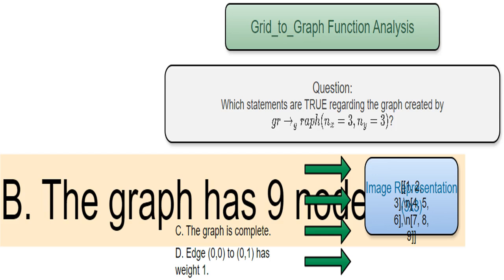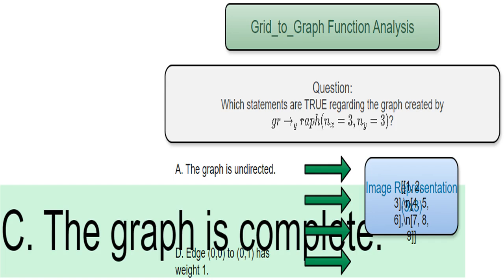This statement proposes that every node is connected to every other node. This is false, because grid_to_graph only connects each node to its immediate horizontal and vertical neighbors, not all nodes. This statement specifies the weight of an edge between 2 adjacent nodes. Given the default behavior of grid_to_graph, this is true.